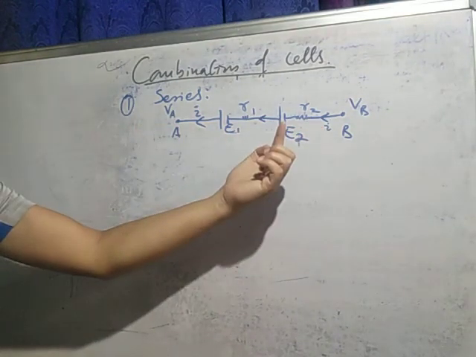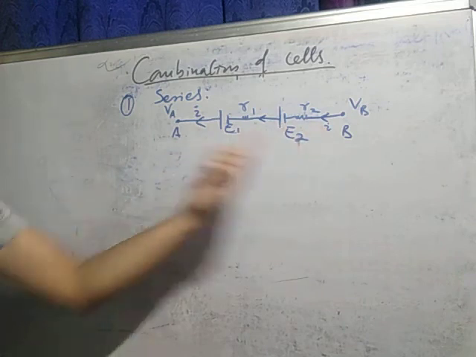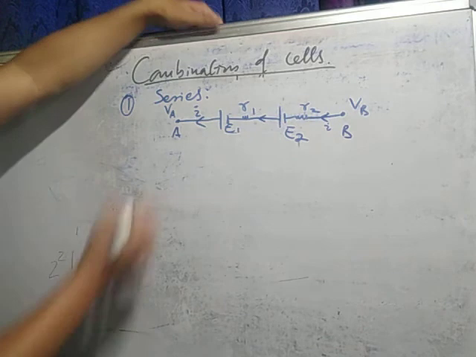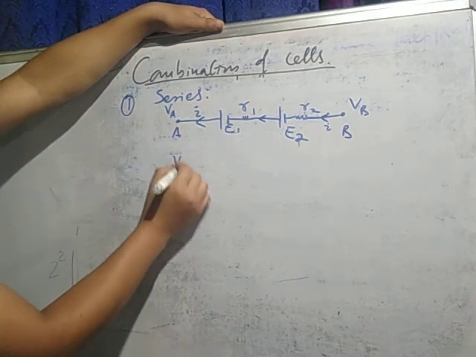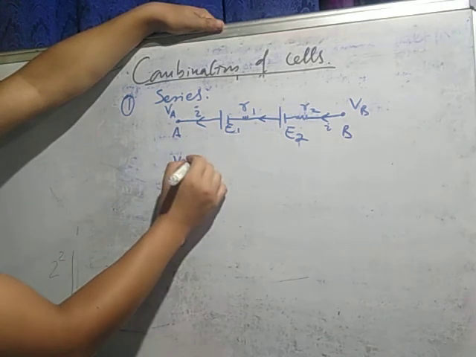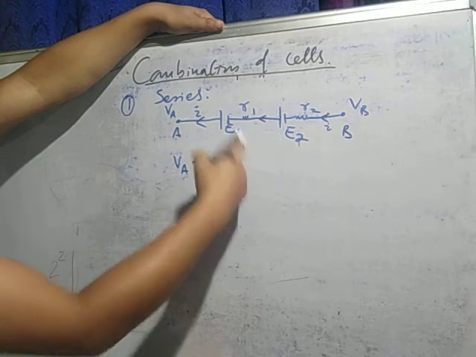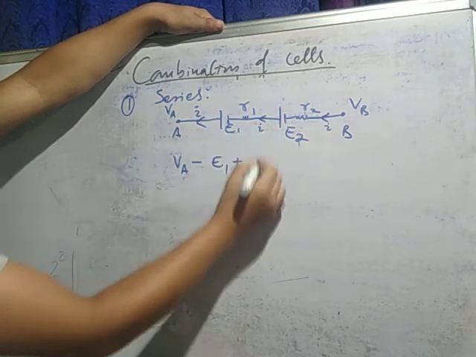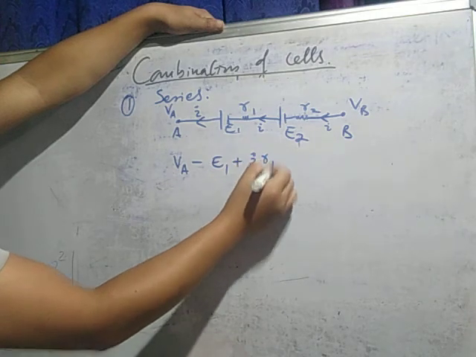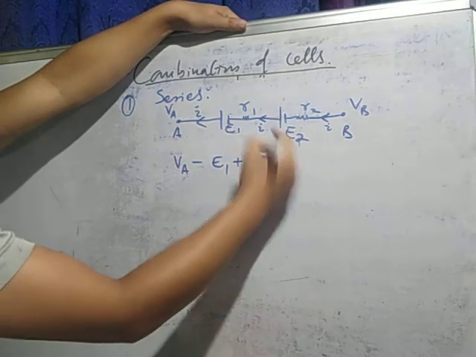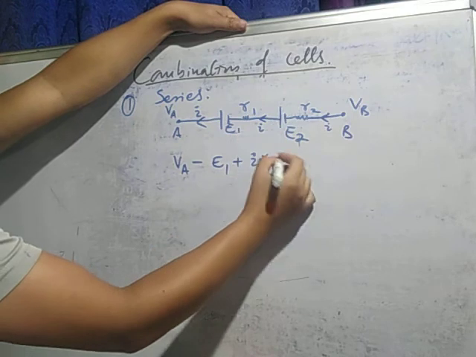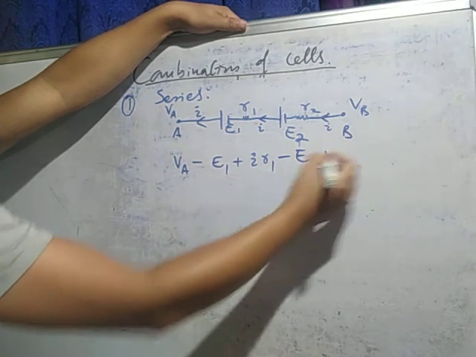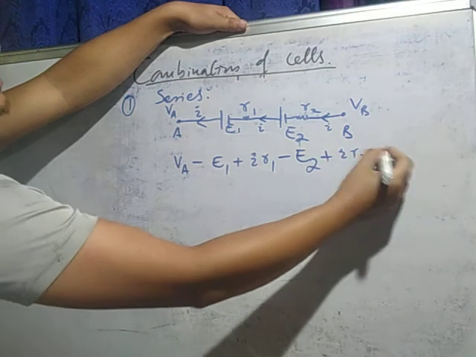By Kirchhoff's junction rule, that is done. Now the loop rule, take one loop. So VA plus, going from plus to minus of E1, again plus I R1. Likewise, plus to minus E2, again plus I R2, equals VB.